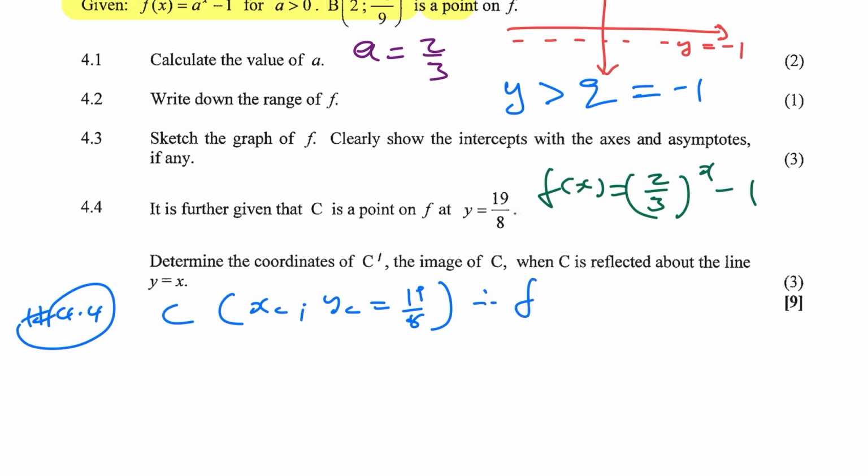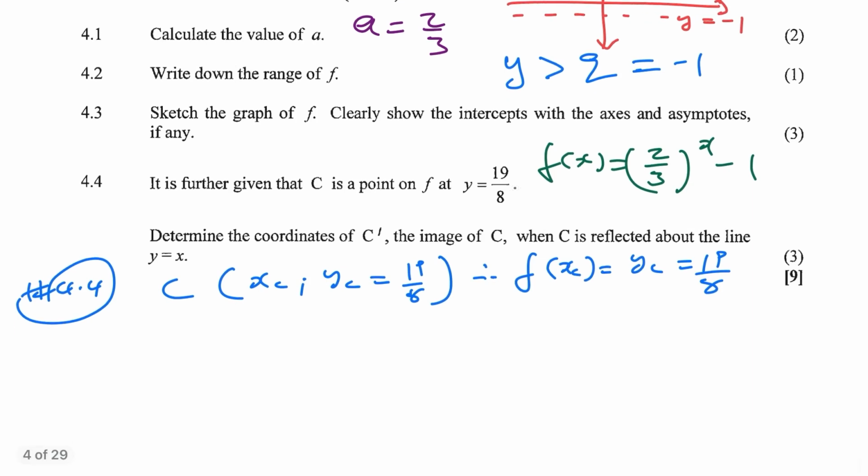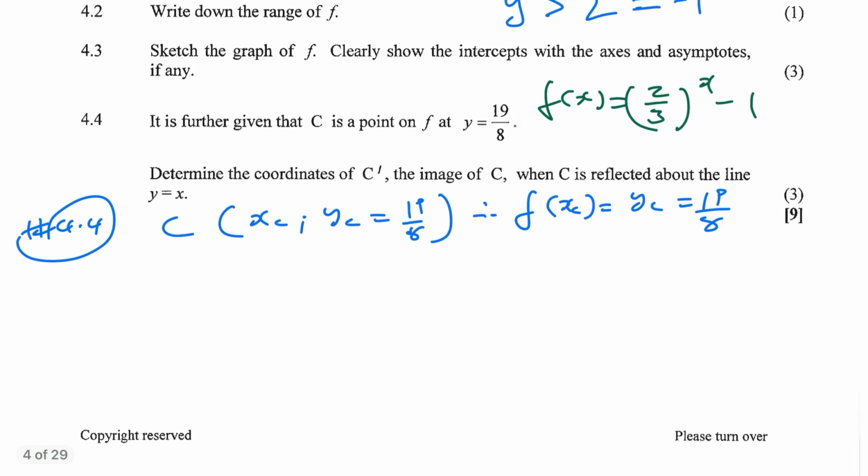So we can actually find the x value of c and then find c prime, which is the image of c that reflects about the line y is equal to x. I'm going to show you how that looks. What does that really mean if it's reflected about the line y is equal to x? But let's find the x value of c first, so you are able to do that reflection.